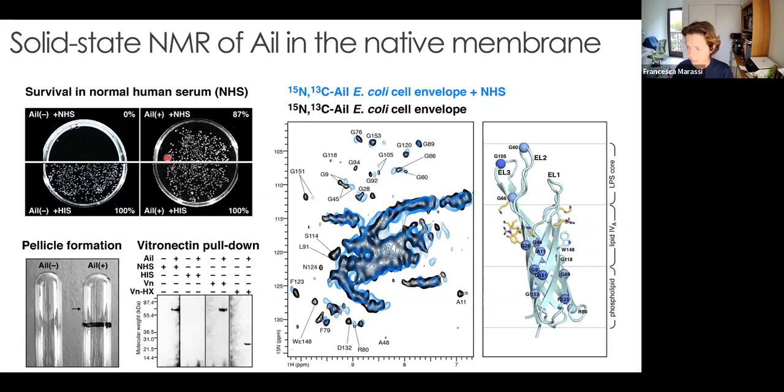So they basically defeat the innate immunity of blood. These are E. coli bacteria that express our protein. They form pellicles. This is a major phenotype for many pathogenic bacteria. It's sort of the first step along the way of biofilm formation. And they pull down vitronectin, both from blood and material that we express recombinantly in the laboratory.